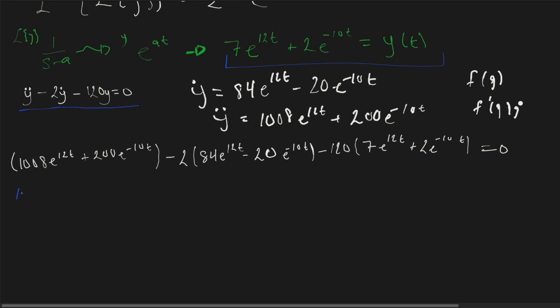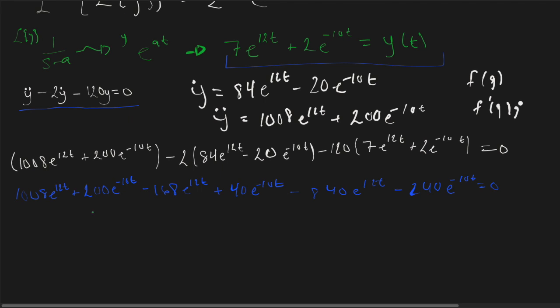Okay, so 1008 e to the 12t plus 200 e to the minus 10t minus 168 e to the 12t plus 40 e to the minus 10t minus 840 e to the 12t minus 240 e to the minus 10t equals 0.